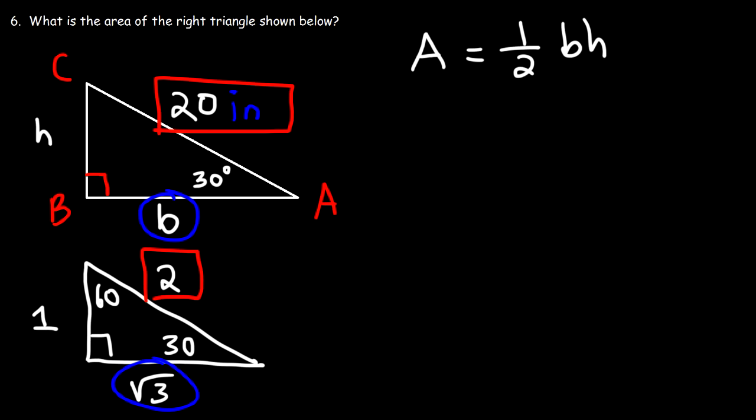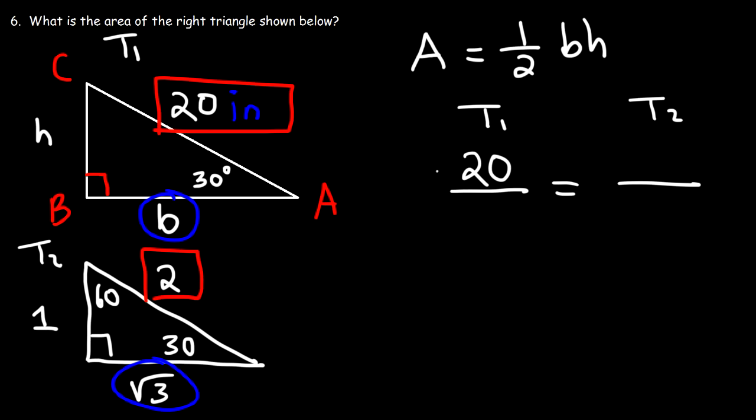So let's set up a proportion. Let's call this triangle 1 and this triangle 2. On the left side, I'm going to put the information for triangle 1, and on the right side for triangle 2. So the hypotenuse of triangle 1 corresponds to the hypotenuse of triangle 2. And then this leg, basically side BA, which is B, corresponds to the square root of 3.